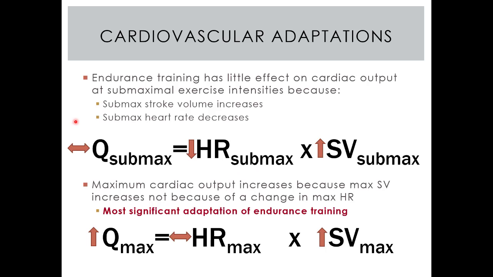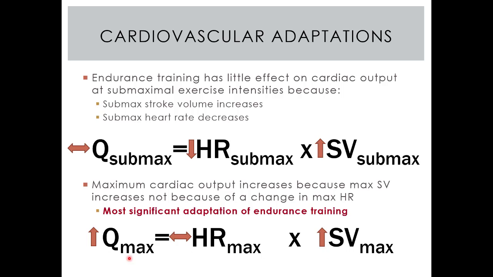Now here we have a non-graphical representation of the changes in submax and maximal cardiac output. Once again, submaximal cardiac output does not change from pre to post training because submaximal heart rate decreases while submaximal stroke volume increases, offsetting one another. However, maximal cardiac output increases from pre to post training, not because heart rate max increases, but because maximum stroke volume increases with training.